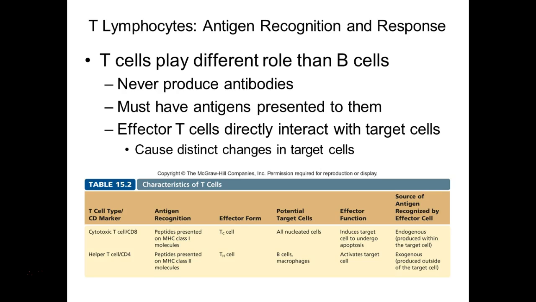If you go all in one direction, like with lepromatous leprosy, then you run into the problem that you're only producing antibodies, and antibodies can't get into your cells. You need a cellular response when you have intracellular pathogens. So a lot of times our body is going to respond both ways, both antibody and cellular.